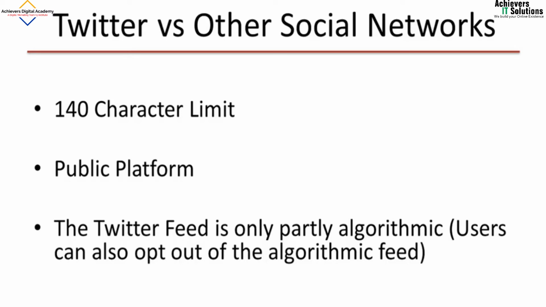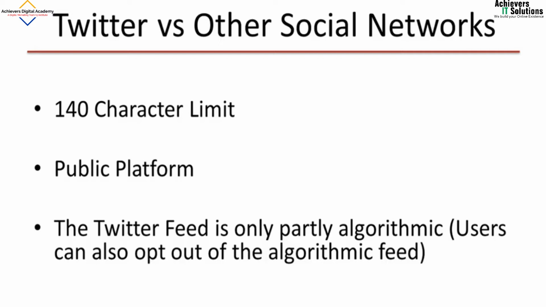Twitter still has a feed that is only partly algorithmic, and even this, users can opt out of the algorithmic feed if they want. The feed in that case remains chronological, which is as and when tweets are posted, they come into your feed. The older tweets keep going down, the newer tweets keep coming up on top.